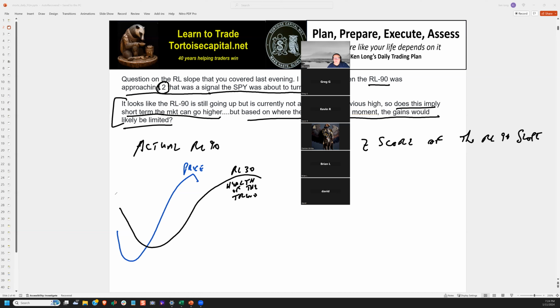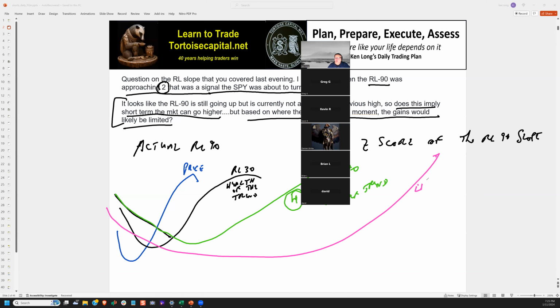Then there's the RL90, which I'll do in a lighter green, which is the health of the higher trend. And then there's the RL270, which acts as the long-term buy and hold fair value and trend.